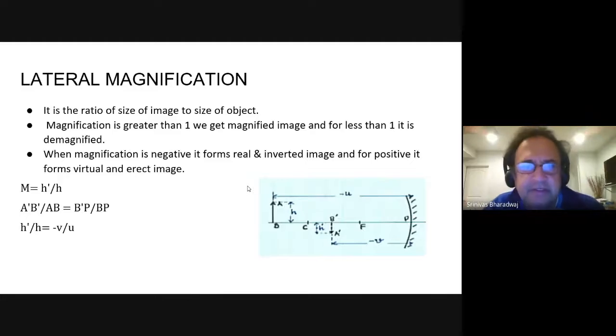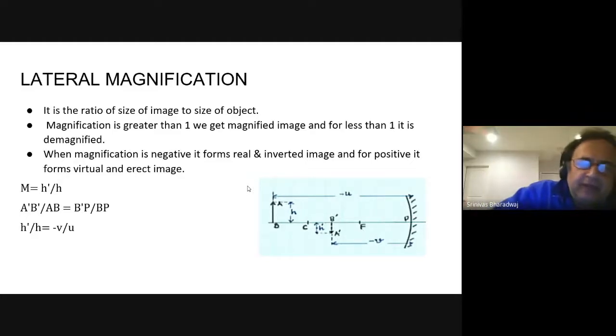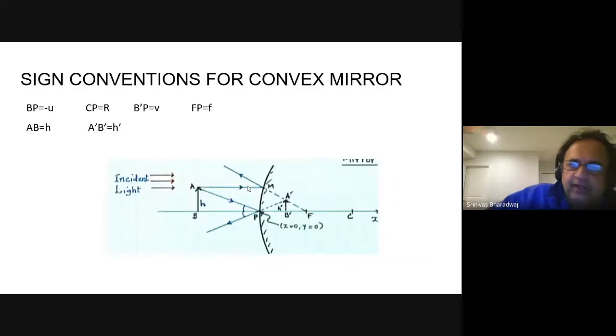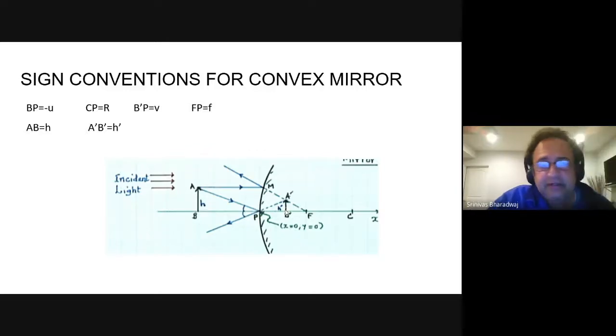The only thing is that the image that is formed is now virtual. That is the main thing that you must learn. So the car appears to be coming towards you, and then it interchanges.